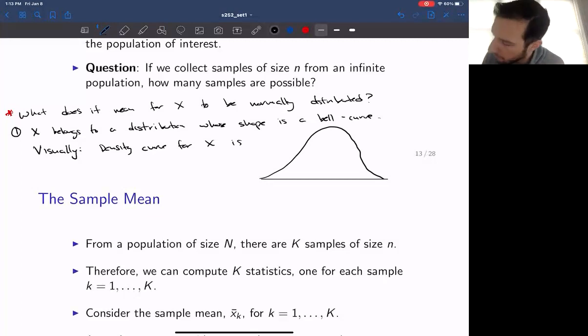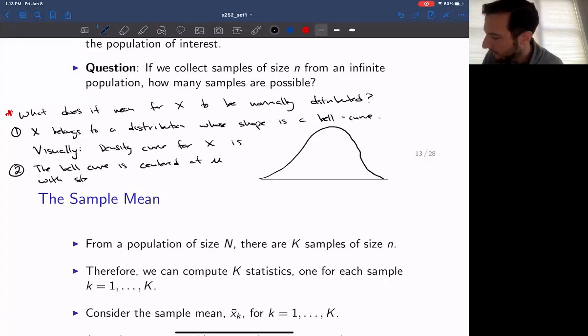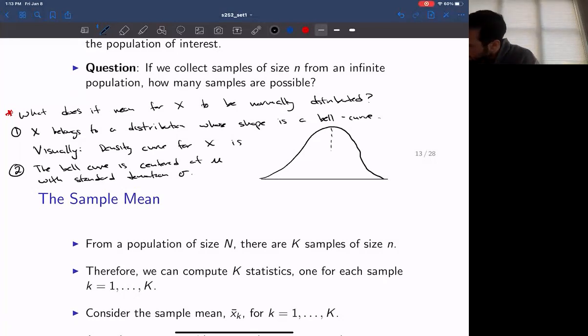Now, what else can we say about this? Two, the curve is centered at mu with standard deviation sigma. So the middle part of the curve is mu, right?